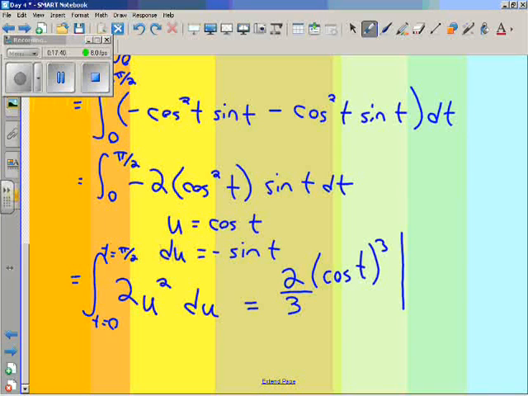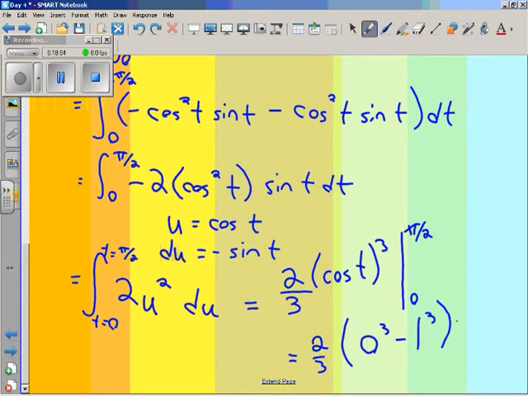I'm going to evaluate from 0 to pi over 2. I think cosine of pi over 2 is 0. So it's going to be 0 cubed minus 1 cubed. So I think it's going to work out to just negative 2.